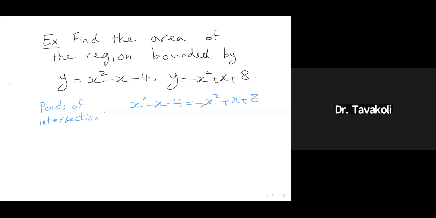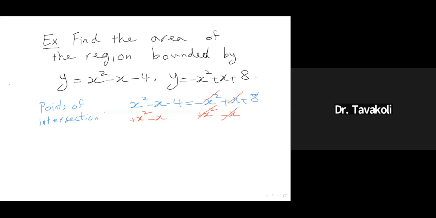Like here, to move minus x squared to the other side, I add x squared to both sides. To move x to the other side, I subtract x from both sides. So far, these two cancel out, these two cancel out.